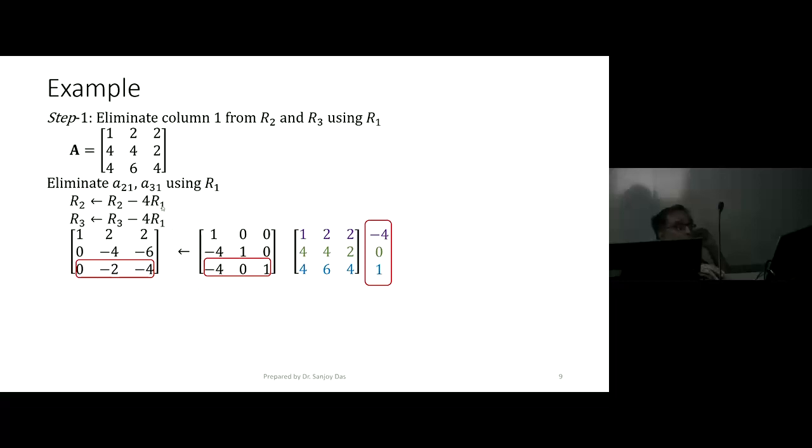And so what I did, these two operations were equivalent to pre-multiplication with this lower triangular matrix. And I therefore got zeros as these two elements here. Okay, and let's call this M1A.